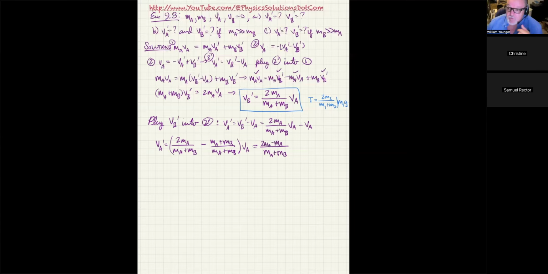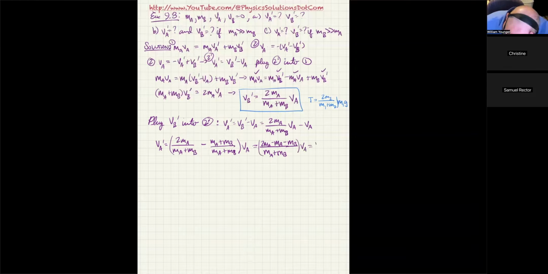Remember, fraction bars are like groupings, they're like parentheses or square brackets or something like that. So that minus in front of the fraction has to be distributed to the MA and the MB. So I got 2MA minus MA minus MB. So 2MA minus MA is just MA, and of course all this is times VA.